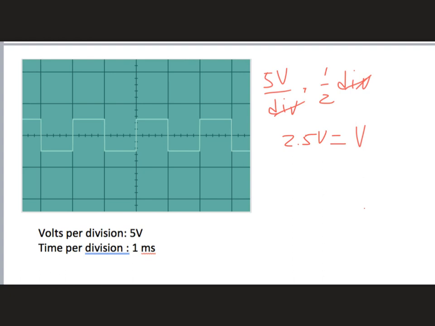Now, for getting the frequency of the signal, that turns out to be a little bit more tricky. And in order to do that requires a mathematical technique that's a little bit beyond the scope of this material. It involves something called Fourier analysis, where basically you have multiple sine waves, each with different frequencies, that you have to add together in order to get this entire signal.